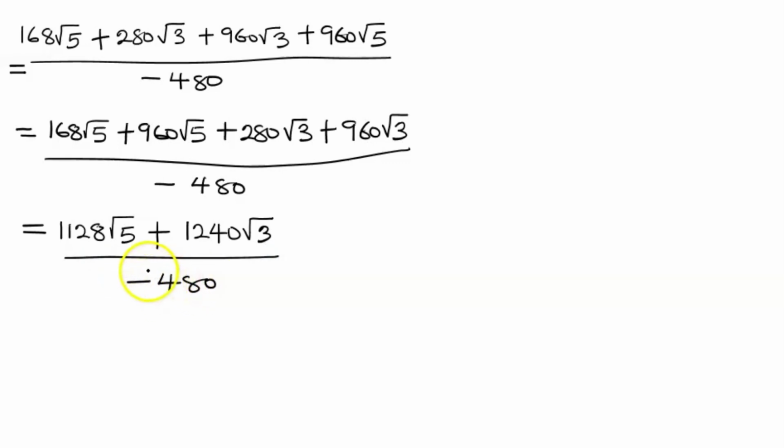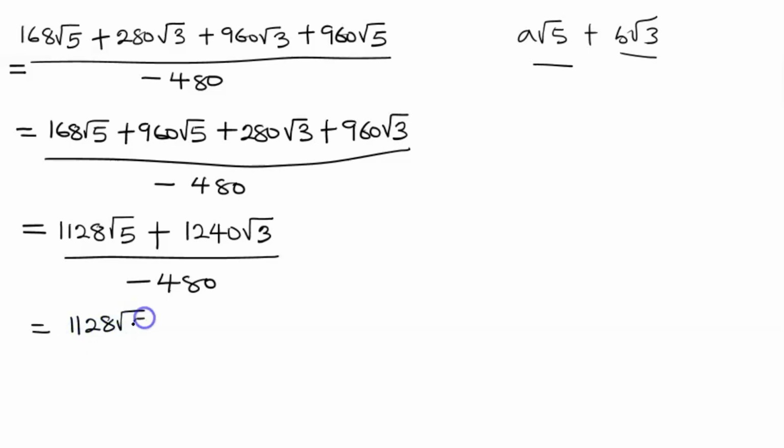Yeah, but don't forget that the examiner told us that they want it in a form. They gave us a form. They want it to be a root 5 added to b root 3. I believe you still remember this. Yeah, this is what the examiner says they want it to be. All right, and they say where a and b are rational numbers. So what we simply need to do is to divide each of these expressions by the denominator.